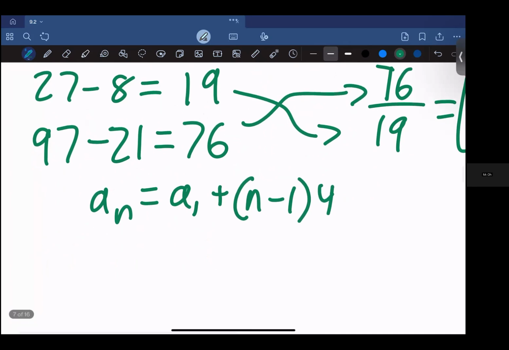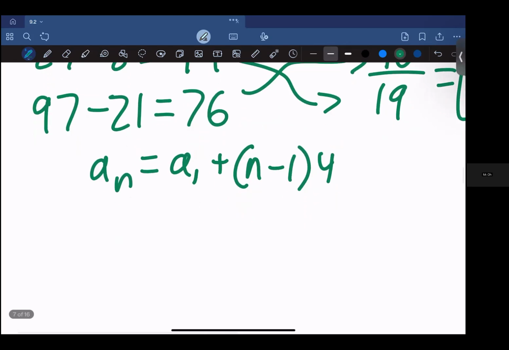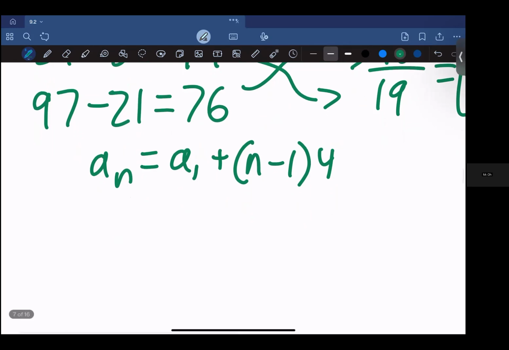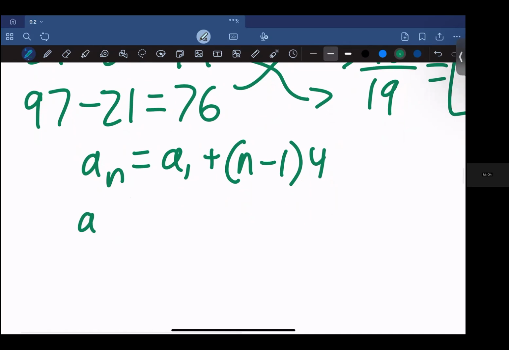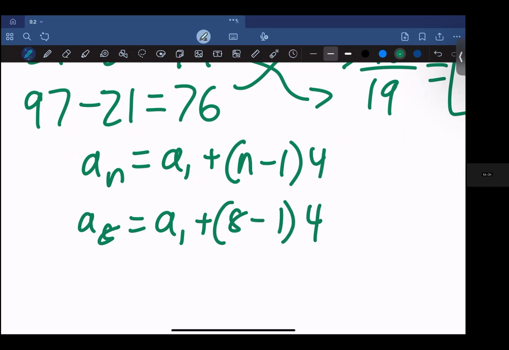The way we can find what a1 is, a lot similar to an equation, is I can plug in some of the stuff I know. So why don't I plug in a of 8 is equal to a1 plus 8 minus 1 times 4. And a of 8 would be 21, right?